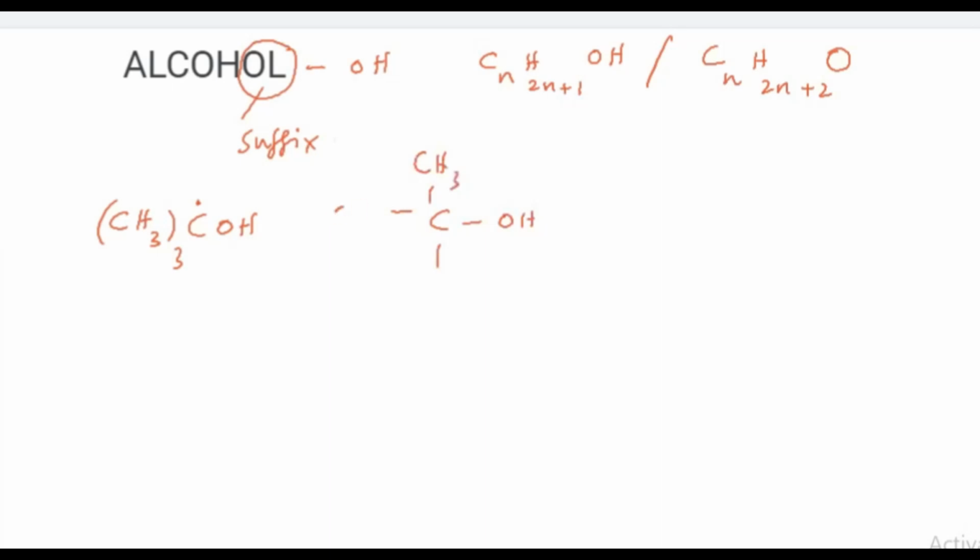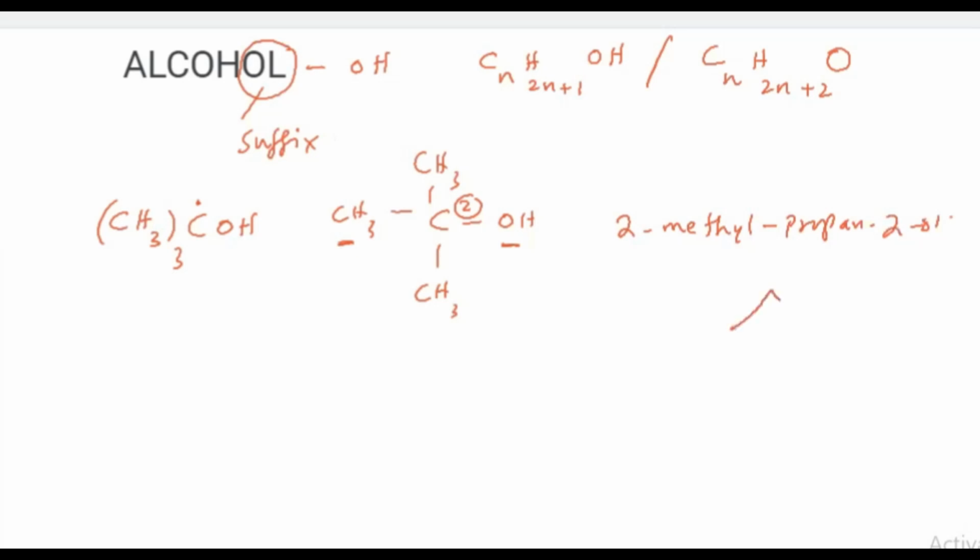There are 3 CH3 groups that are attached with this carbon, and this longest chain contains 3 carbon atoms, and the OH and methyl group are present on the second carbon. So this compound is 2-methylpropan-2-ol.